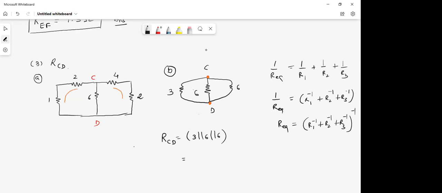And on calci, of course, this is not the step to be included. You will take this way. Getting 1.5 ohms? Yes, sir. Everyone understood?